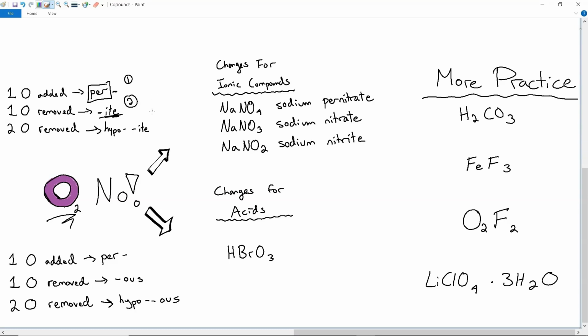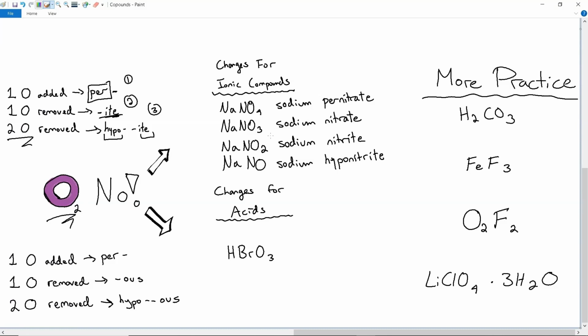Not too bad. Last one. Sometimes we'll have two oxygens removed, and that's going to look like NaNO. And in this case, we're going to have to add both a prefix and a suffix. It's going to look like sodium hyponitrite.